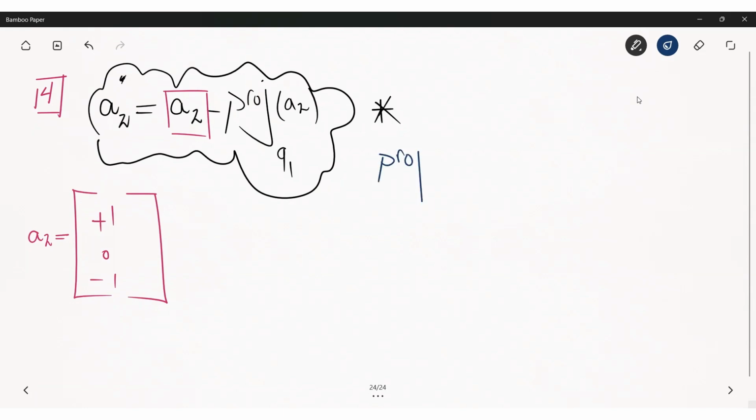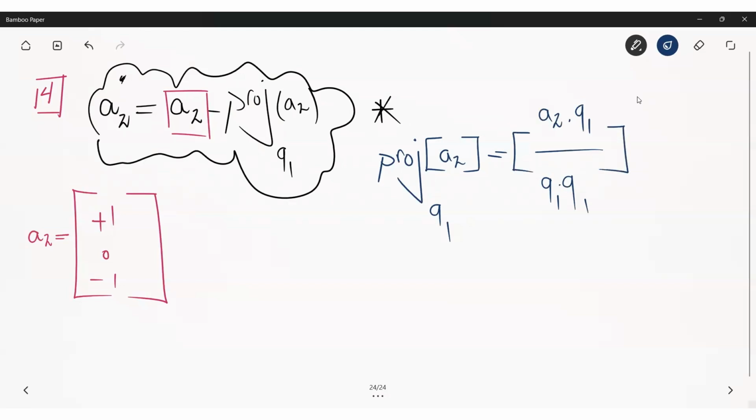The projection of A2 along Q1, which is a normalized A1, becomes A2, the vector which I have, dot Q1, over Q1 dot Q1, times Q1.